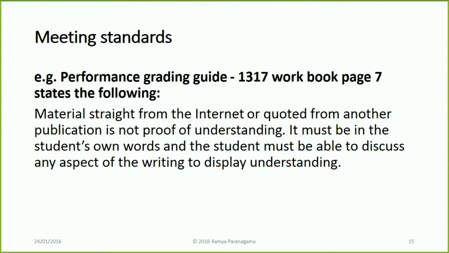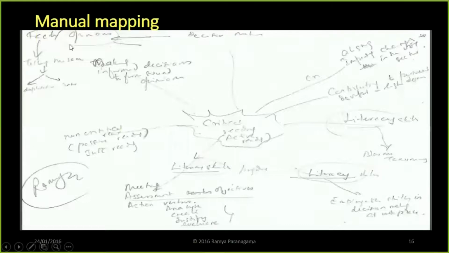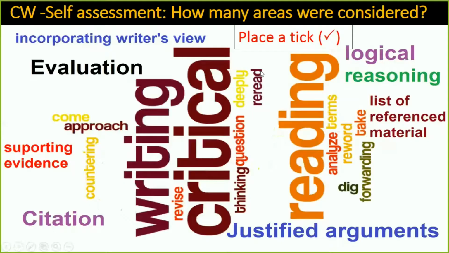And that's the question. Now, mapping, you can use it for critical writing, to jot down what areas you need. Okay, that is also important. Then finally, we have a self-assessment tool here. What you should do is take all of this vocabulary and put a tick at the end of your writing to see how many areas you have addressed.